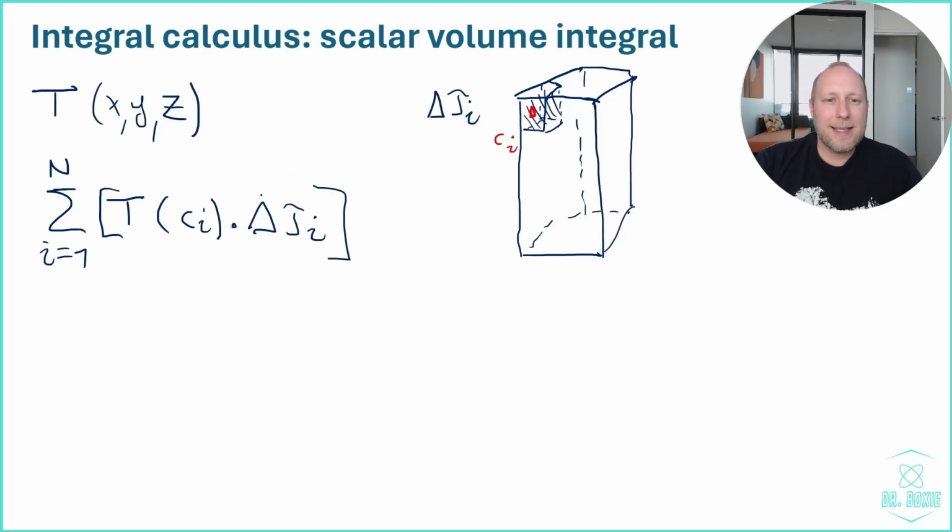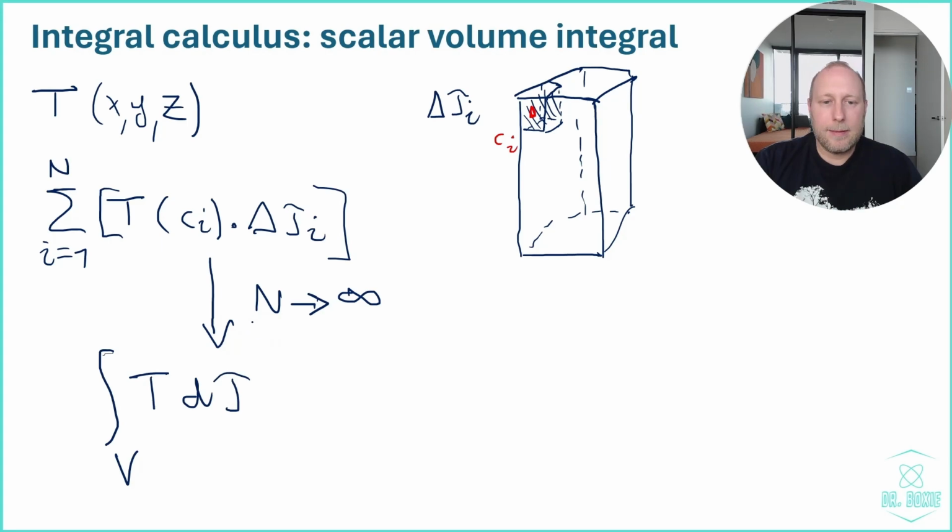So in this case, we will do something very similar to what we did before. We are going to take the limit of n going to infinity, and as n increases, we get something known as the volume integral, which will be denoted by the integral of T d tau. And d tau here should be thought of as an infinitesimally small volume element.